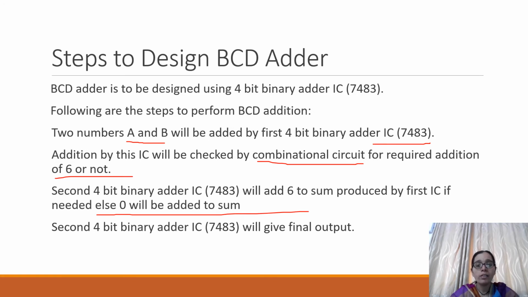Meaning of this is, if the valid BCD is there, then no need to add 6. In that case, 0 will be added. But if the result of addition is invalid BCD, in that case 6 will be added. So second 7483 IC will give the final output. So this is a very important point before starting with the designing of BCD adder.